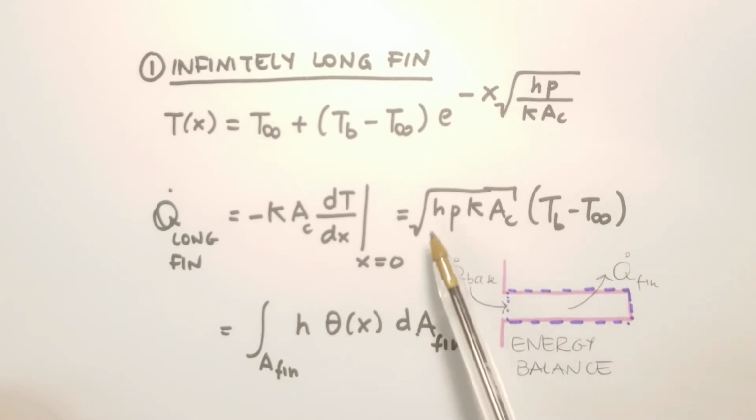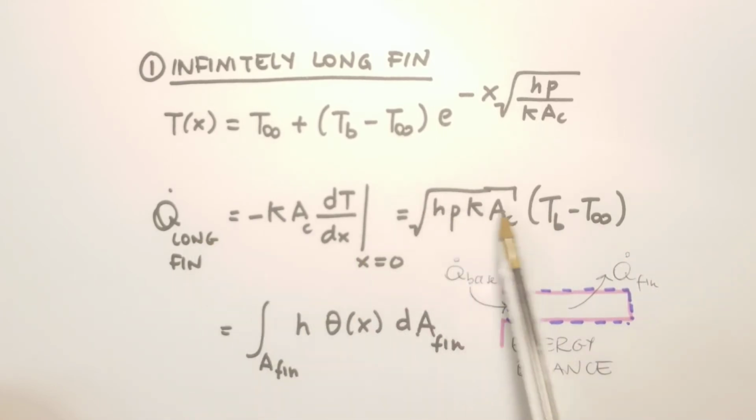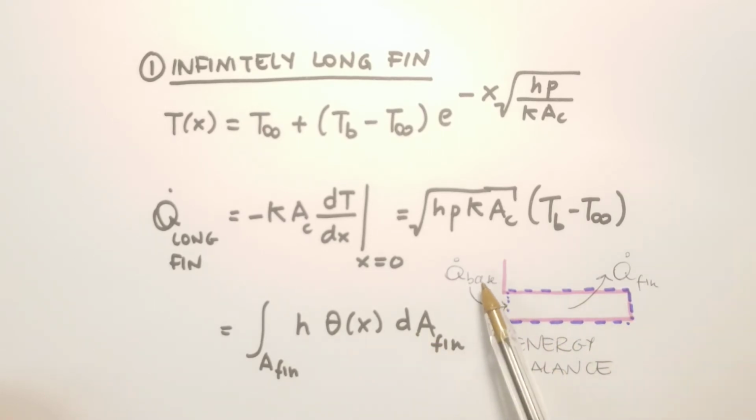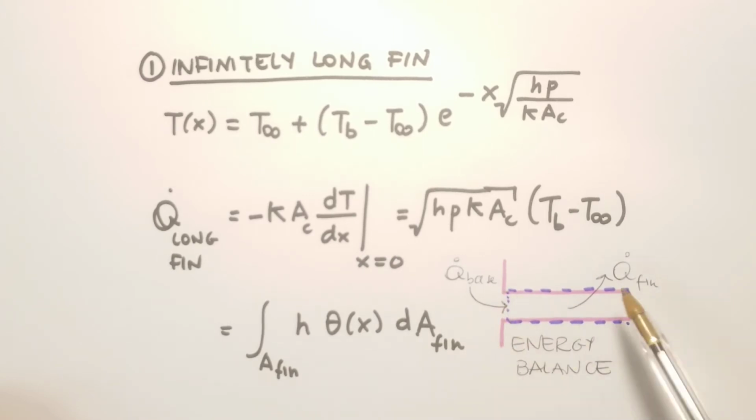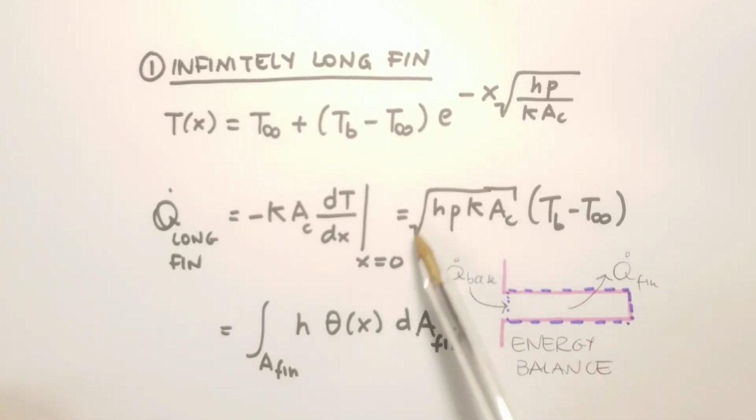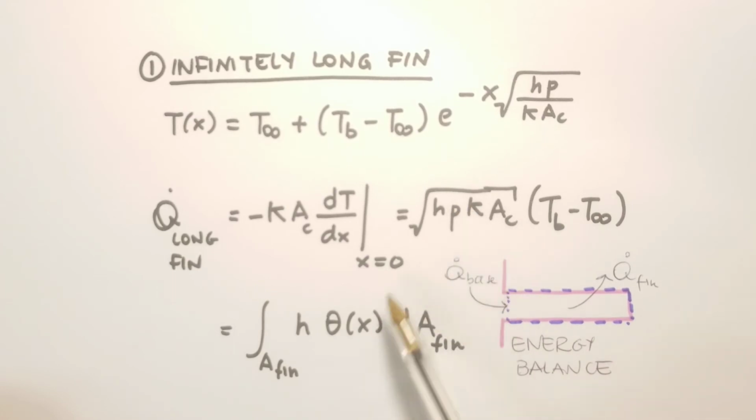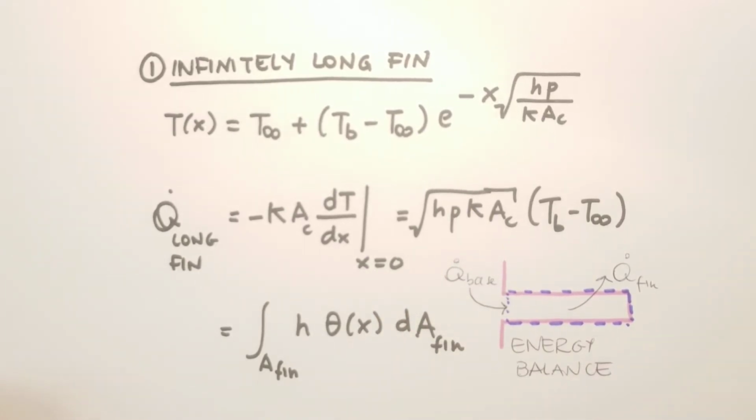And we note that this Q that we computed must be equal to the integral of h theta(x) dA because of conservation of energy. So all the heat that's extracted from the surface at the base must be equal to the heat that's released from the fin. So we can try this at home, as this is a good exercise and good check that we have found the correct expression.